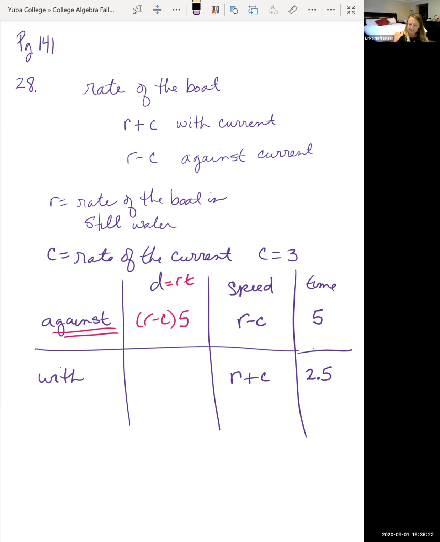And then distance, when we came back, we know is the speed of the boat, which we said was R plus C, times 2.5. Although we know more, right? We know what C is. So let's go in there, instead of writing C, let's write it with a 3. So R minus 3, R plus 3 here.